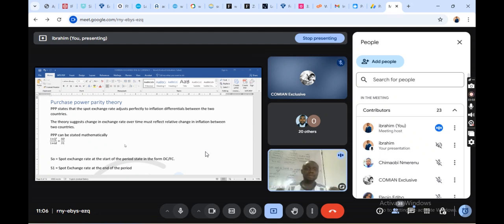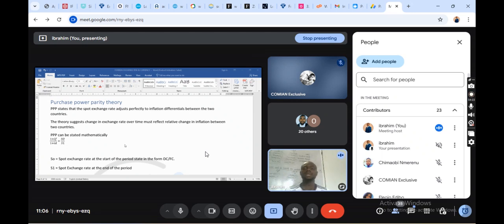Class, I've explained that you want to invest in the US and the project is for 5 years. You want to know if it is viable or not. Then you want to know what the naira value will be. Now, you are given only one spot rate.